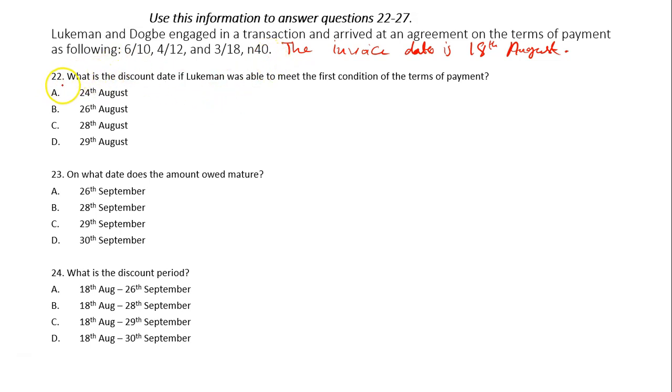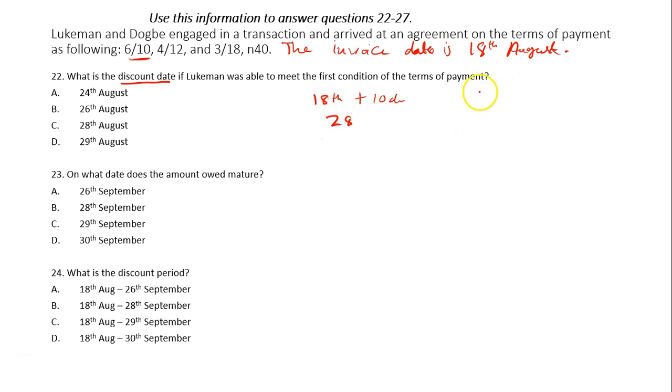Now, question 22 says, what is the discount date if Lukman was able to meet the first condition of the terms of payment? So what is the first condition? This is the first condition, isn't it? So to get the discount date, we add 10 days to 18th. When we add 10 days to 18th, we get 28.